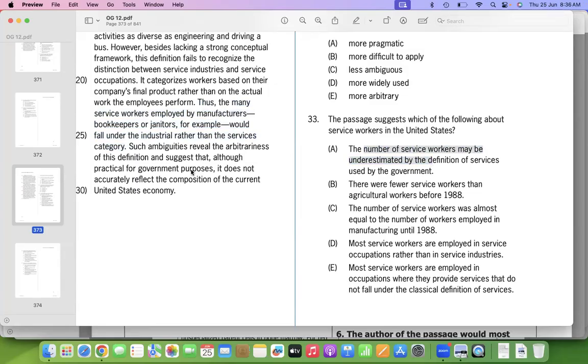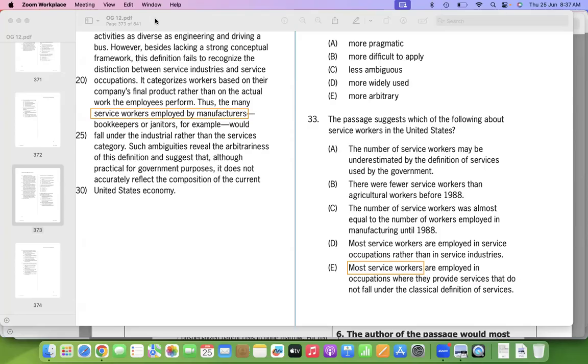Anurag? Why E? And the sentence that such ambiguities reveal that, sorry, how do you know this is happening to most service workers? From where did this come? This is happening to service workers employed by manufacturers. Okay, understood.